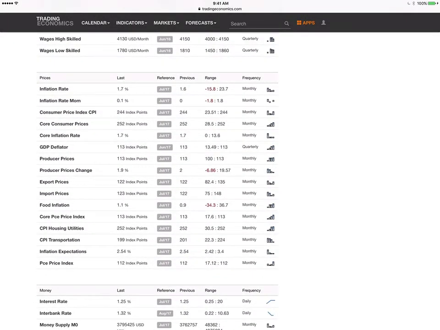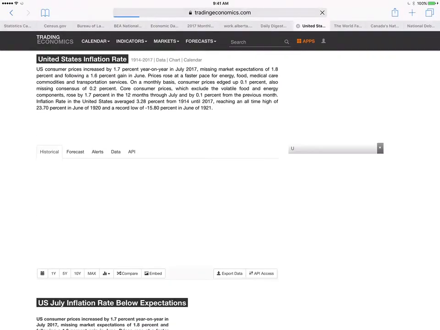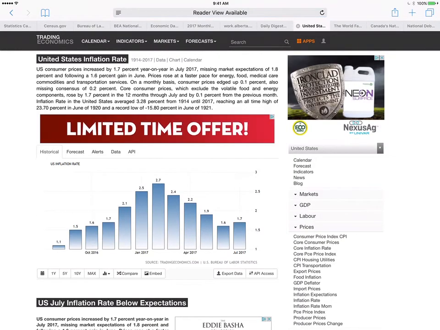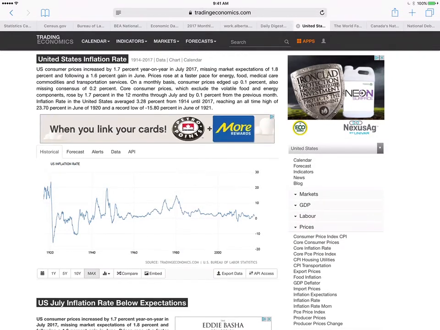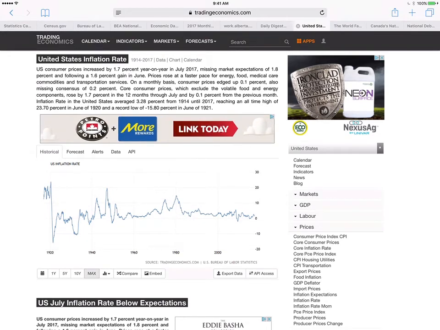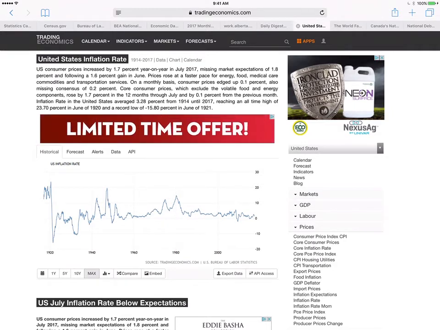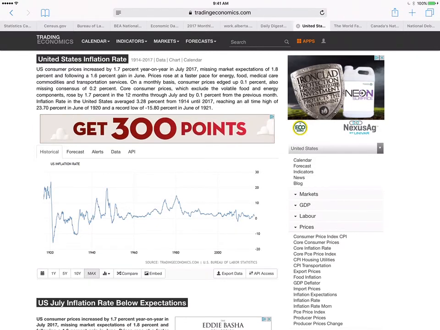If you click on any one in particular, so for example, if we click on the inflation rate, we can look at what has been happening with their prices over time. Okay, so you can see, for example, in periods of recession, dips, and that would indicate the economy is contracting, and of course if people aren't spending, then prices start falling.